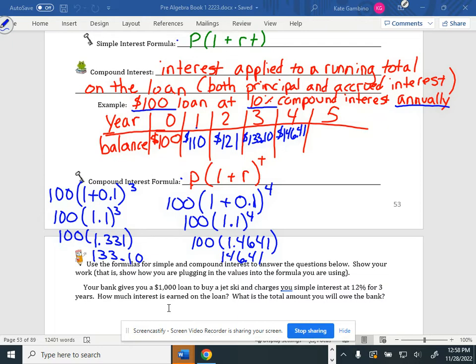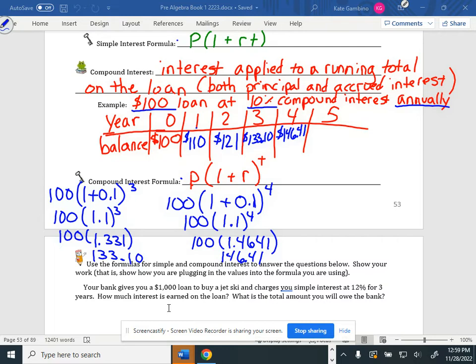That works too. So you could do it one part at a time, or you could put it all into your calculator, putting in 100 parentheses 1 plus 0.1 parentheses to the fourth power. And if you hit equal with that, you get the same answer.